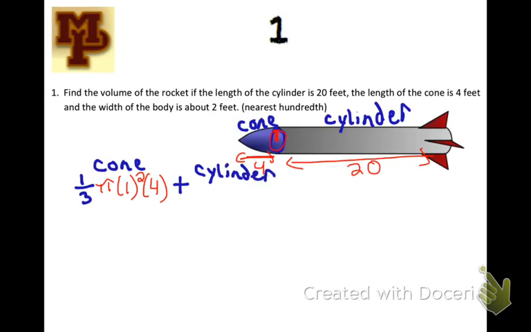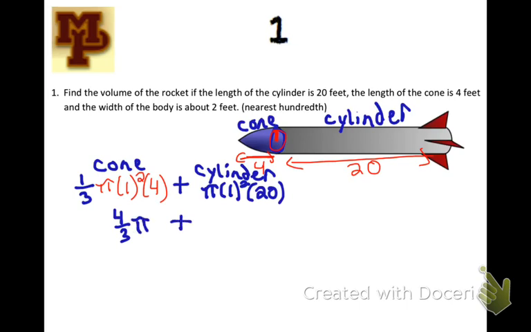And the cylinder formula is area of the base times the height. The area of the base, again, is a circle, so it's pi and then 1 squared. And the height is 20 of that cylinder. So this here multiplies together, it's 4/3 pi.